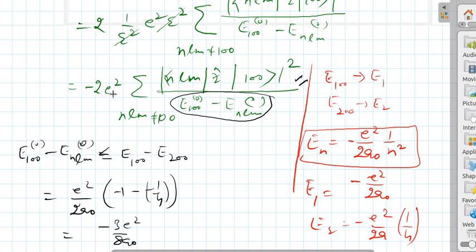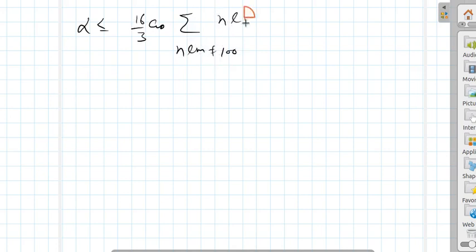If I substitute this value here, then alpha will become less than or equal to 16 by 3 a naught cubed, because I have substituted the value of this here.